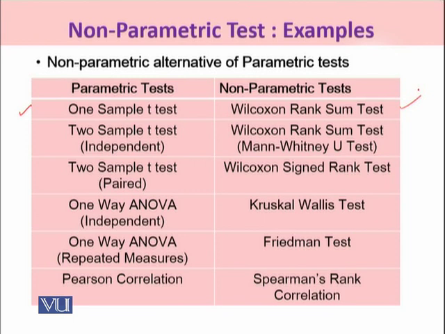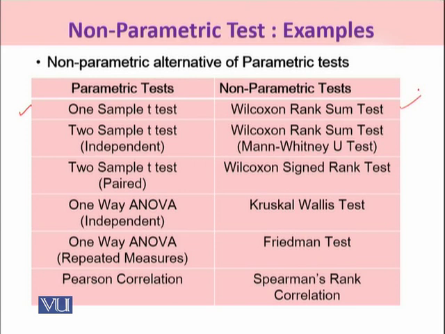Again, if, for instance, your sample is not random, the assumption of normality is not met with your data, then you will have to go for the non-parametric test. For that matter, it is Kruskal-Wallis test. And under that one-way ANOVA, if the samples are matching samples or they are the repeated samples, for instance, and some assumptions are not met again with that data, then you can go for the Friedman test.